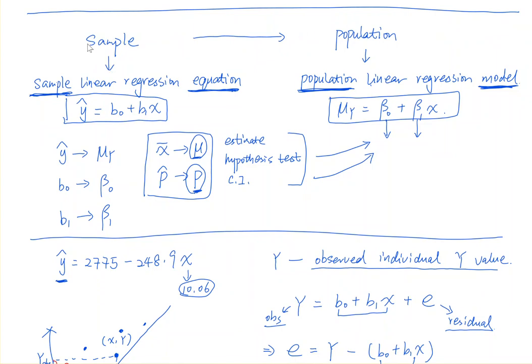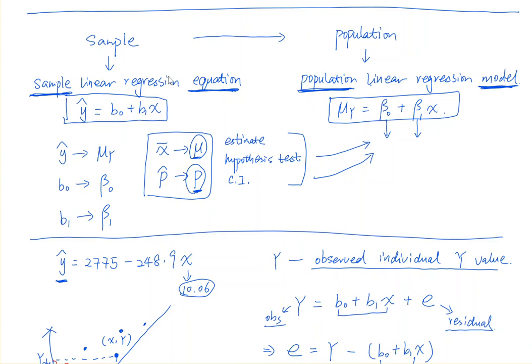And from the sample, we got the simple linear regression equation, which is y hat equals b0 plus b1x. Correspondingly, for the population, we use the population linear regression model to describe the relationship of x and y in the population. Alright, so what's the difference between these two?